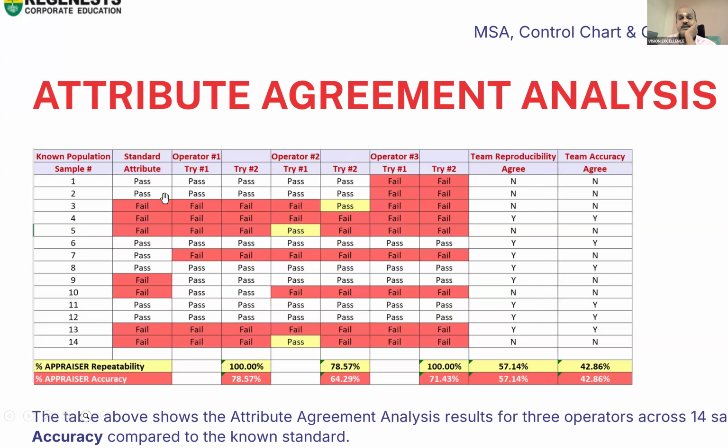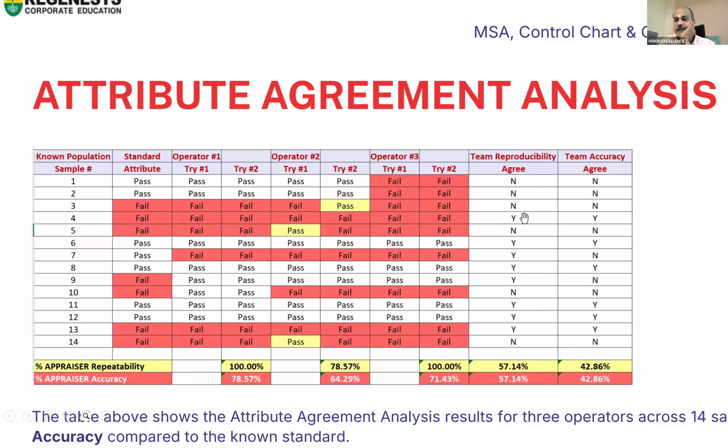Coming to 2. Are they reproducible here with part number 2? No. Again, no. Are they reproducible with part number 3? No. And so team accuracy also no. But for part number 4, yes. Everybody says it's fail, fail, fail, fail, fail.